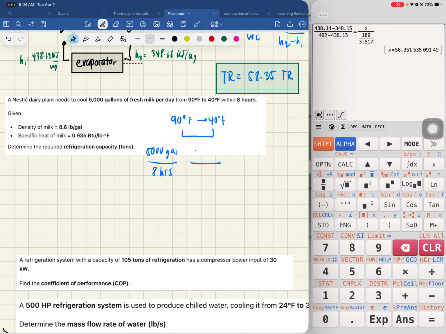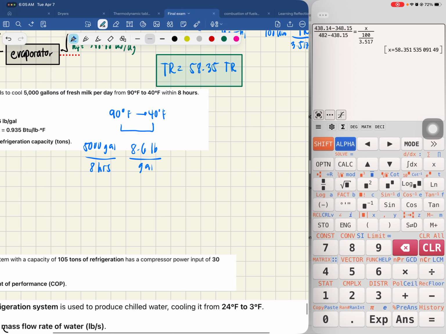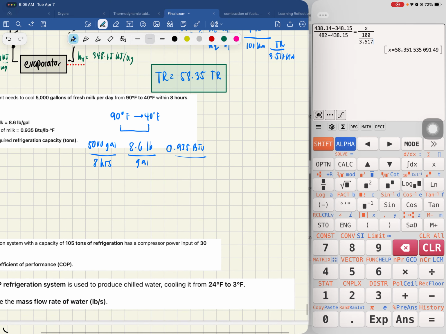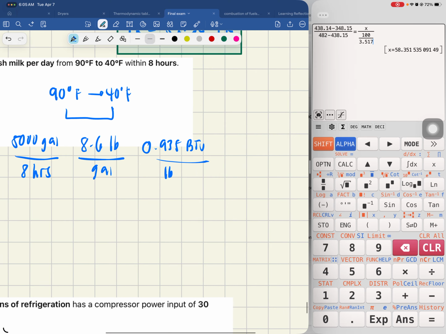For every gallon, you have 8.6 pounds. Just use the density, and the CP as well. CP is what? 0.935 BTU per pound degrees Fahrenheit.